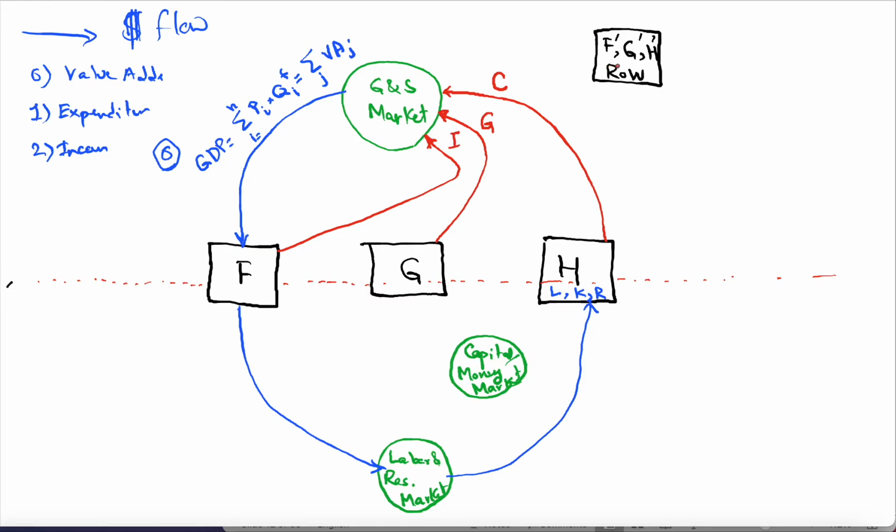And if the foreigners are buying from us, the flow of money comes here, that is the export. And if we buy from them, it goes up this way, this is import.